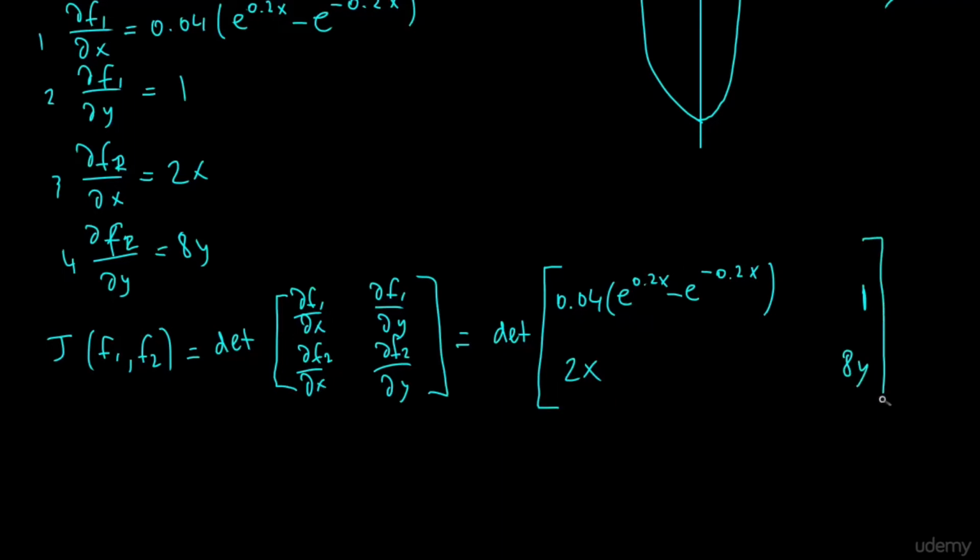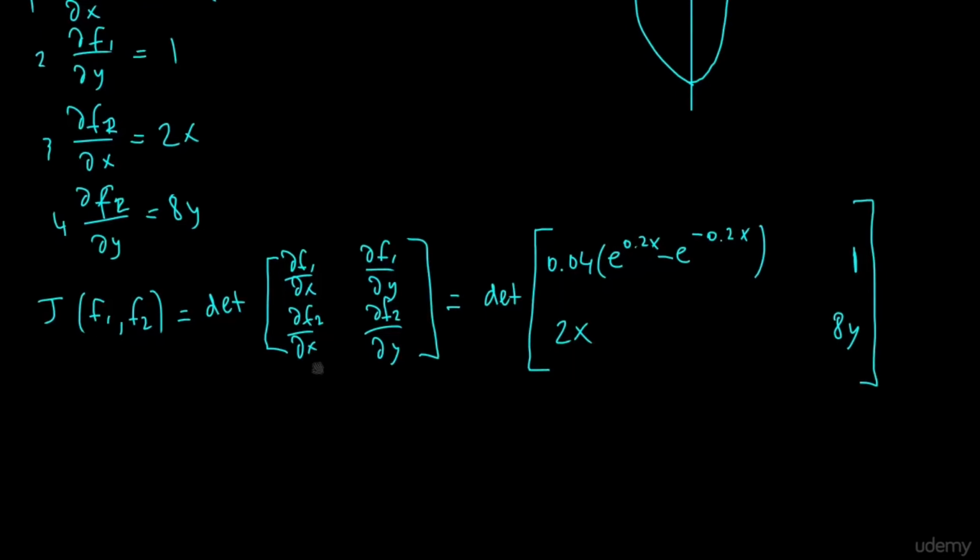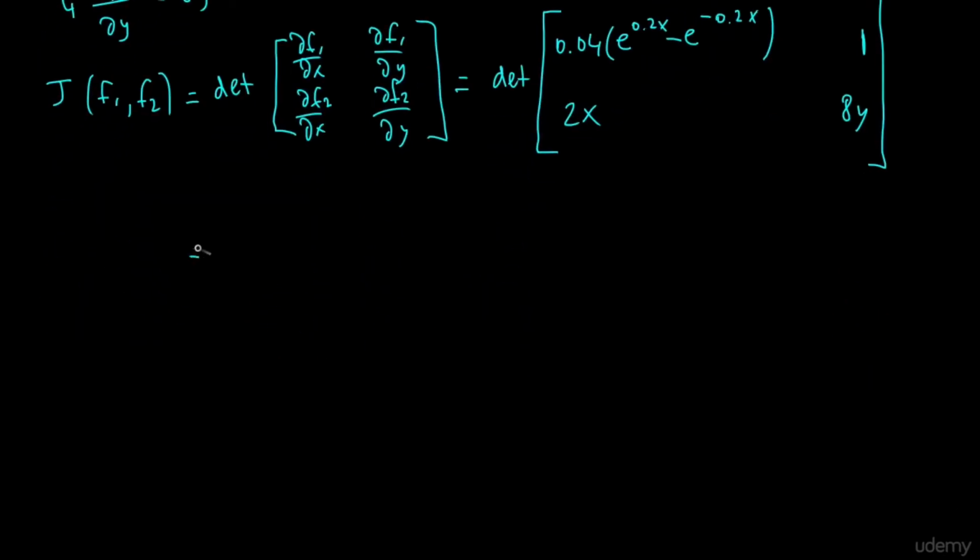And after you calculate the determinant, so this times this minus 2x, we're going to get the following. We're going to have 0.32y multiplied by e to the 0.2x minus e to the minus 0.2x, and this all minus 2x. So this is the Jacobian determinant.